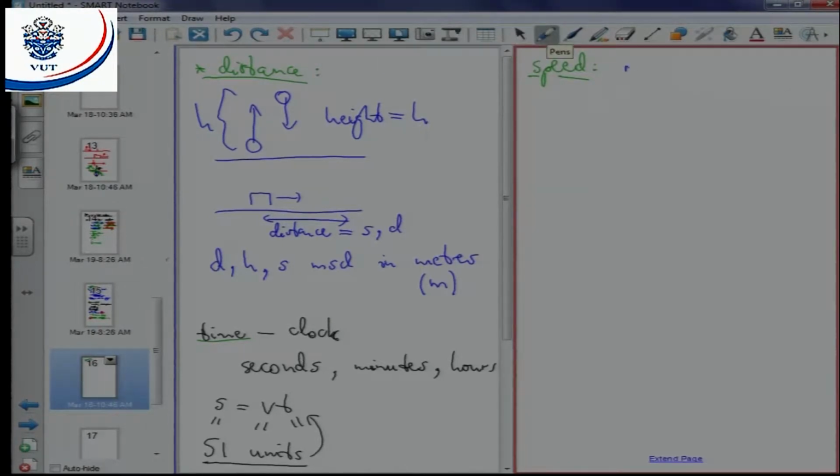Speed is the rate of change in distance. Okay, so how quickly we change our distance, and rate means per unit time. So speed normally is given by a v. So our v is the rate of change in distance, so that means I have distance over time.